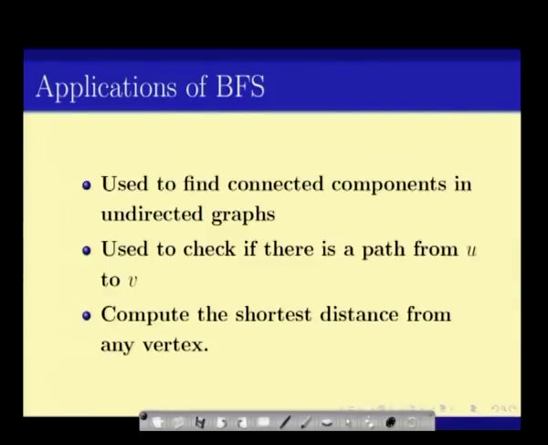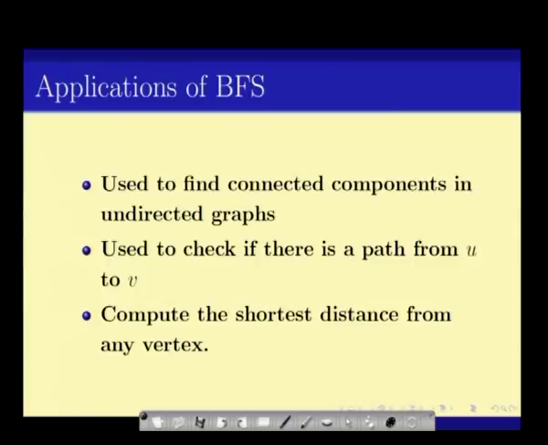So, this BFS can therefore be used for finding the connected components in an undirected graph, just as DFS does. It can be used to check if there is a path from u to v, which DFS would have done as well, and it is used to compute the shortest distance from any vertex.